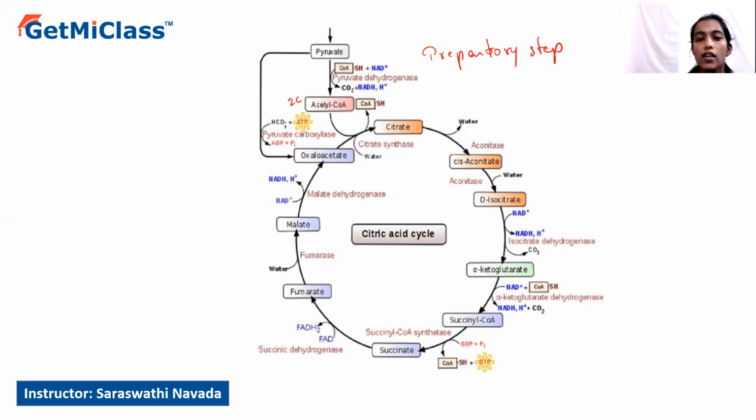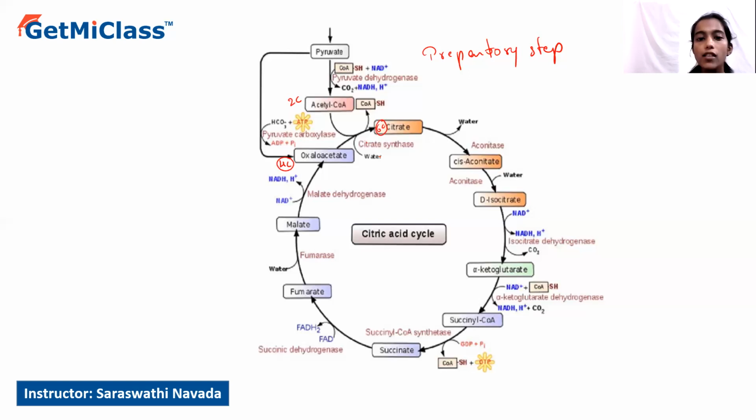Now this 2-carbon compound, acetyl coenzyme A, combines with the 4-carbon organic acid called oxaloacetic acid and results in the formation of a 6-carbon organic acid called citric acid.